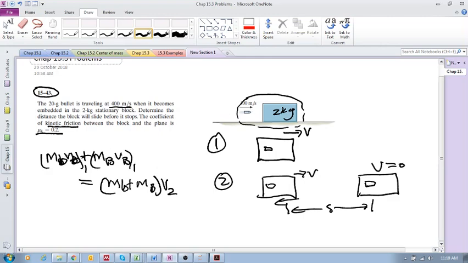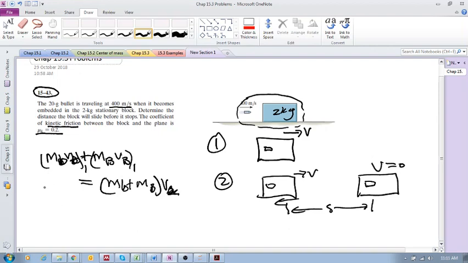So they're separate at state 1. The momentum of the bullet plus the momentum of the block at state 1 equals the momentum at state 2, but because this gets embedded, they become one mass, and they're both traveling at the same velocity. Let's call this just v.